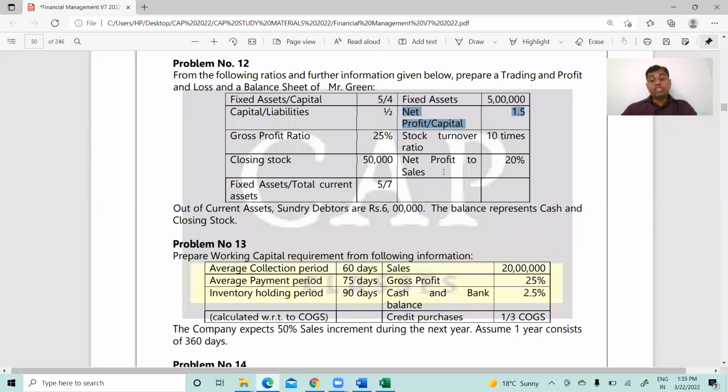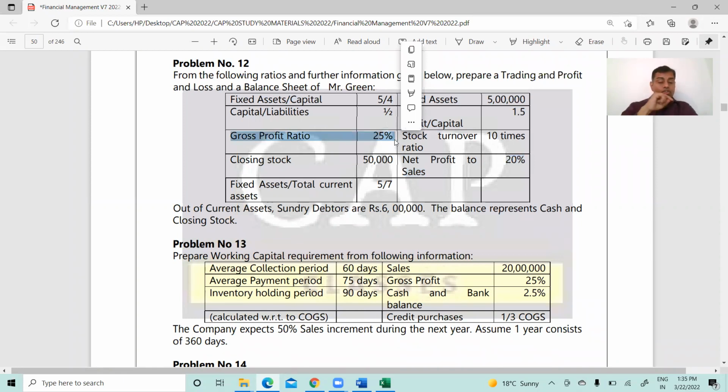Net profit to sales ratio 20%. Net profit 6 lakhs. Can you tell me sales? 30 lakhs. Correct. Gross profit ratio 25%. Sales 30 lakhs.